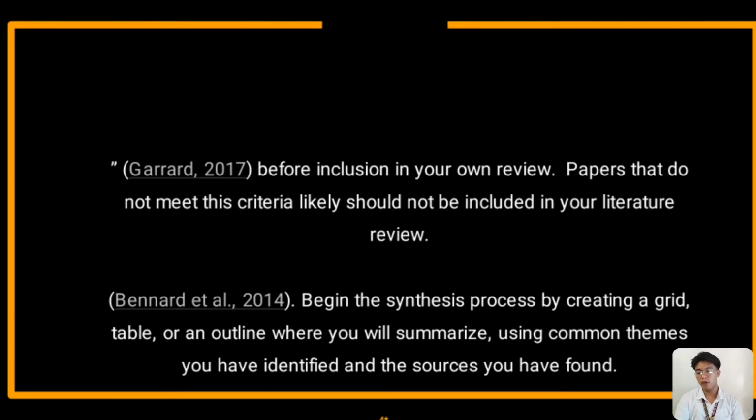Whichever method you choose, this type of organization will help you to both understand the information you find and structure the writing of your review. Remember, although the means of summarizing can vary, the key at this point is to make sure you understand what you've found and how it relates to your topic and research question.